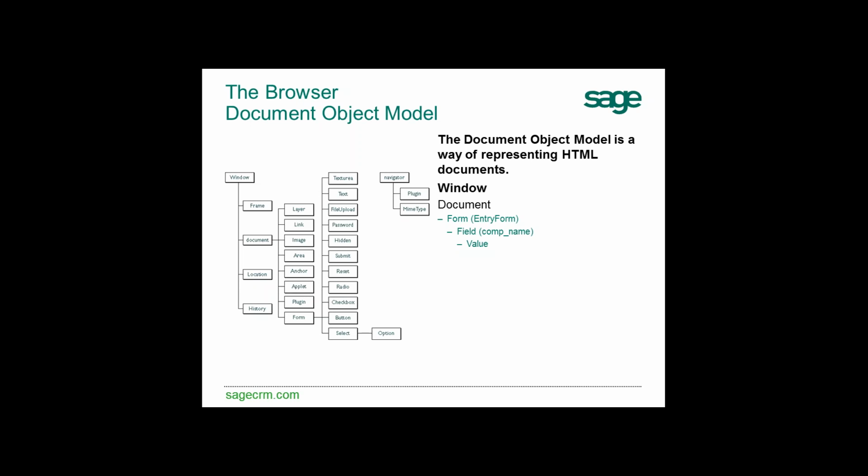Now there are equivalent object models available whether we're dealing with ASP pages or the internal CRM environment written inside a create script or a validate script, and we'll hit those a little bit more when we come on to those lessons.